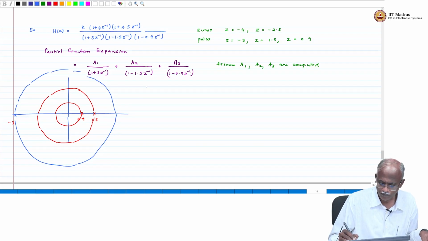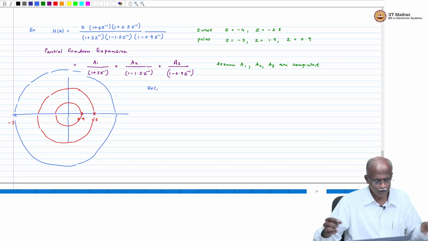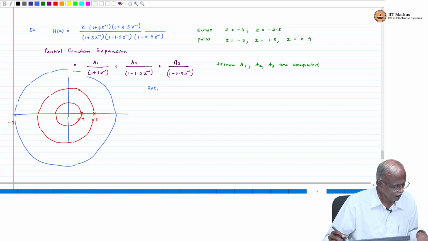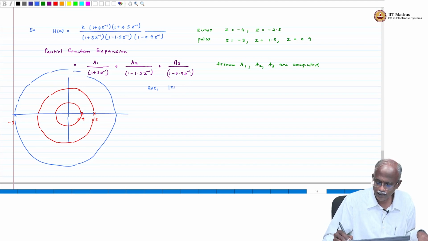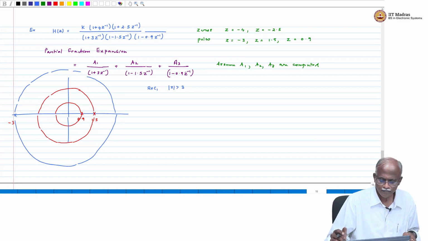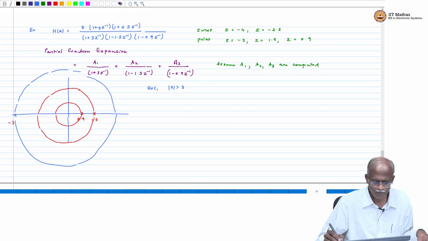ROC1. In ROC1, I want to get a right-sided sequence. Therefore, I take mod z greater than the outermost pole, mod z greater than 3. Please write down the sequence for me.